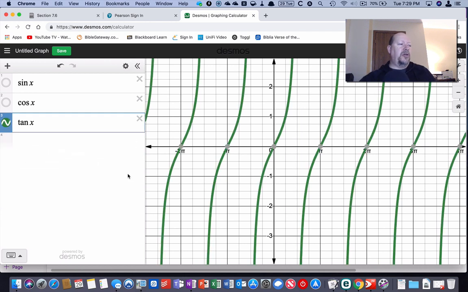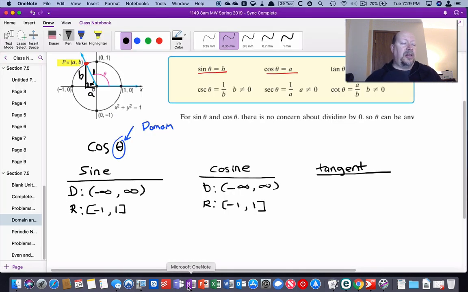But I'm just trying to show you that there are angles for which the tangent function is undefined. So when we write down the domain of the tangent, that's what we have to consider: if there are exceptions to the domain, values that we cannot plug in for angles.